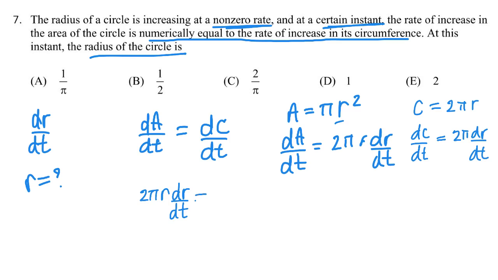And that's going to be equal to the rate of change of the circumference, which was 2 pi dr/dt. So the 2 pi's will cancel, and dr/dt's will cancel. There's nothing left over here but a 1. Remember, we're canceling. We're dividing out. We are not subtracting. So it looks like my radius would have to be 1. So that's going to be answer choice D.